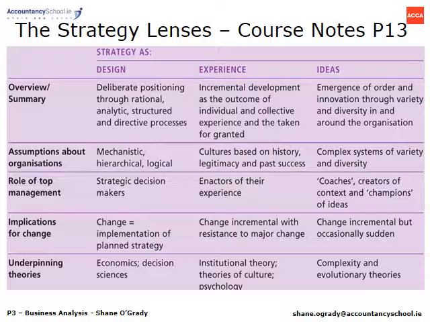So it's not the view that this person obviously is the most experienced and has the best, most relevant undergraduate degree, so surely they're the person who would be able to design the best solution, or they would be the person who could design or come up with the correct way of viewing something. The strategy through the ideas lens would say, look, that mightn't always be the case.